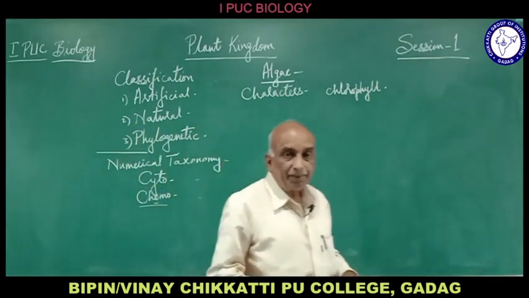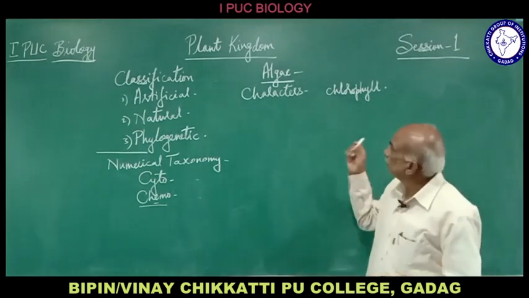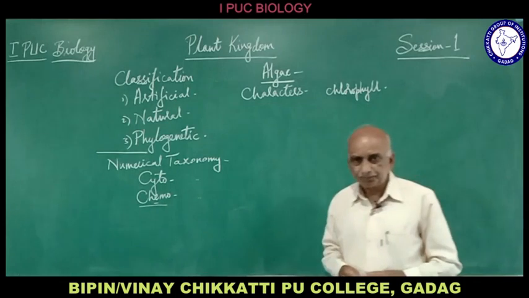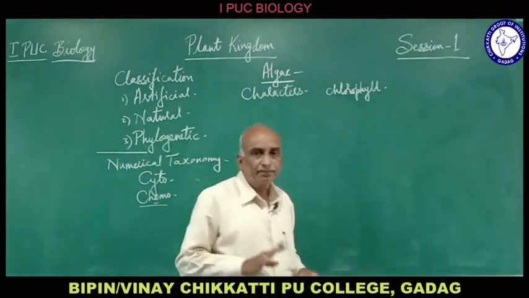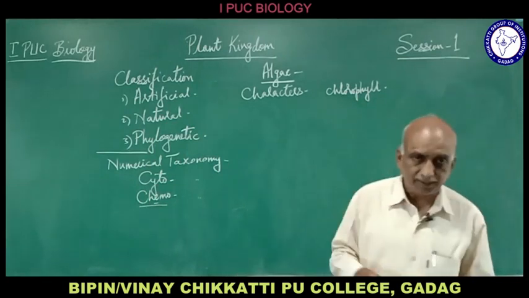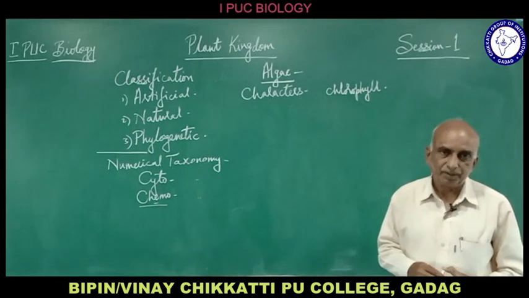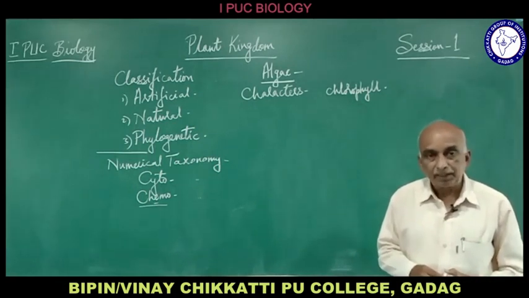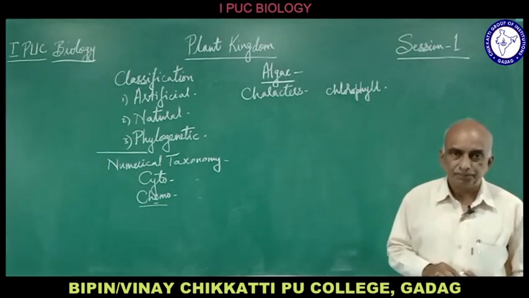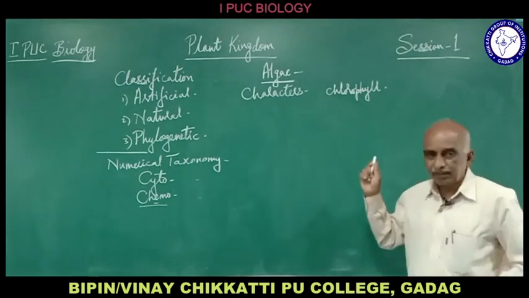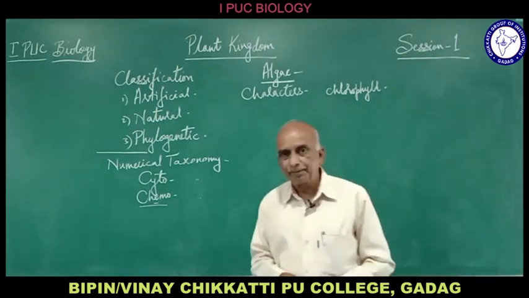They are not depending on other organisms for nutrition. That means they are autotrophic. They are capable of preparing their own nutrition. That is the main important character. They contain chlorophyll. They are autotrophic.